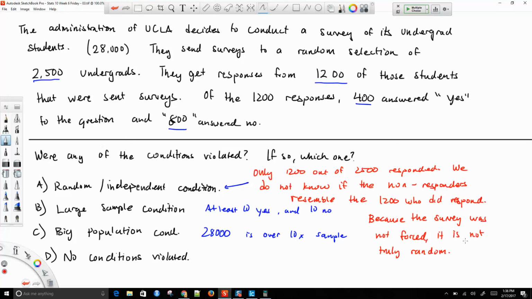Right. And this is actually a problem in real life that is almost impossible to avoid, right? So a lot of times you see results of surveys, right? It'll say, this organization just released a poll and 40% of people approve of this, right? And in general, you can't force people to respond to a survey, right?